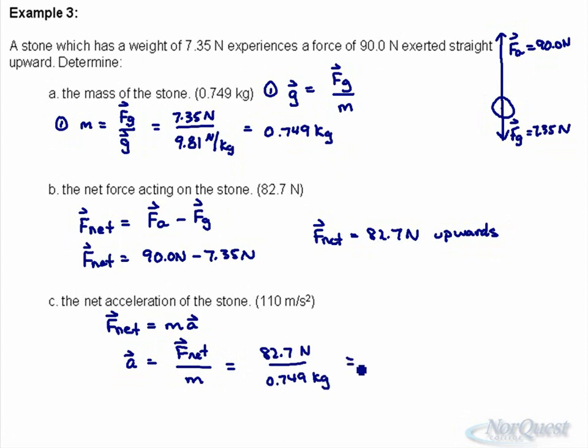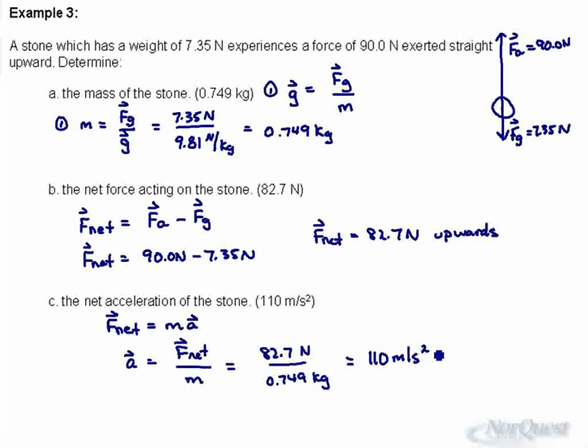And we go 82.7 divided by, I still had the original answer on my calculator. And again, to 3 significant digits, I get 110.38. So it should be 110 meters per second squared, or again 110 newtons per kilogram.